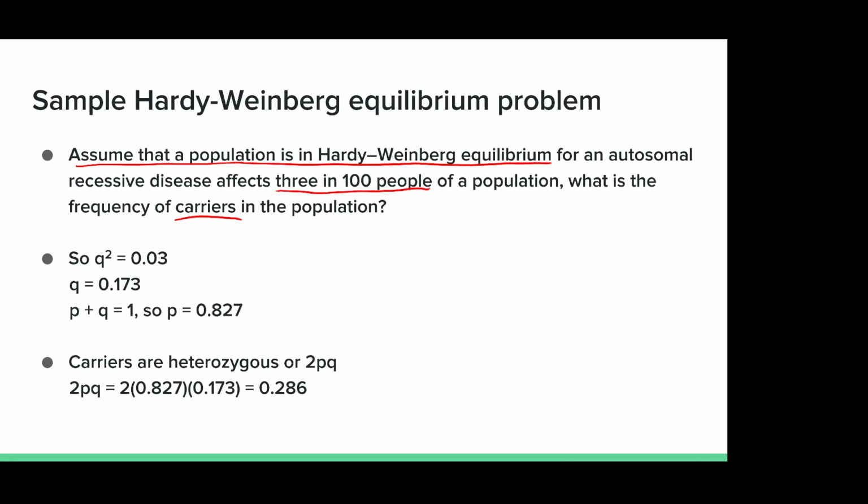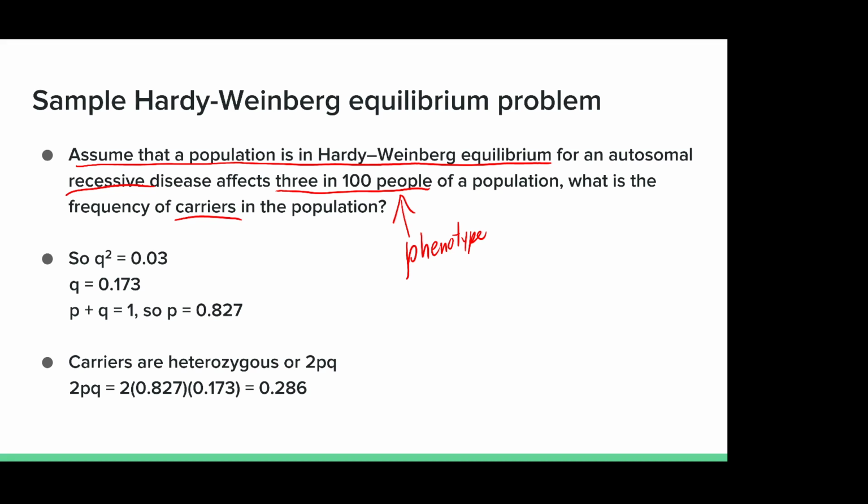Well, if 3 out of 100 people have the recessive phenotype, and again, I believe I'm taking this problem directly from the Quantitative Skills Guide, Chapter 3.